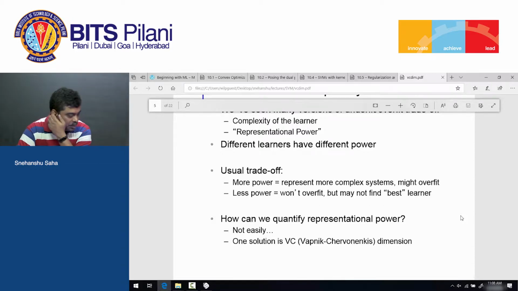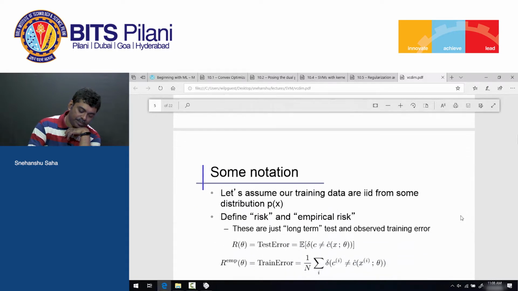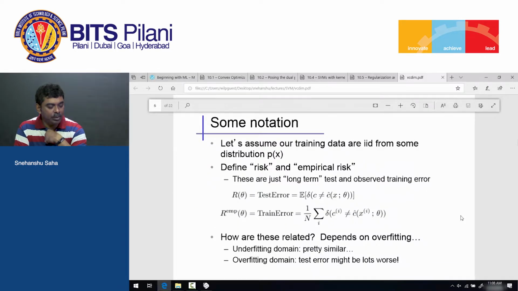So one solution was proposed by Vapnik and Chervonenkis, the VC dimension, and this is what it is. They said that we assume our training data are independent and identically distributed from some distribution, right? And define two things: risk and empirical risk.